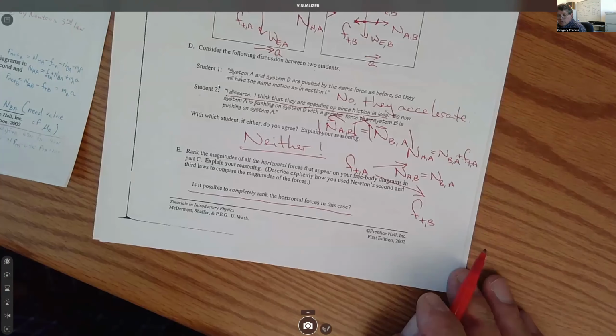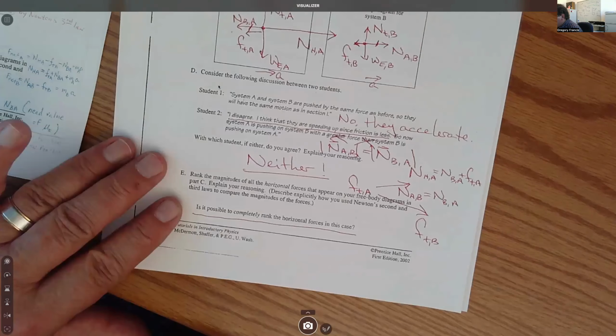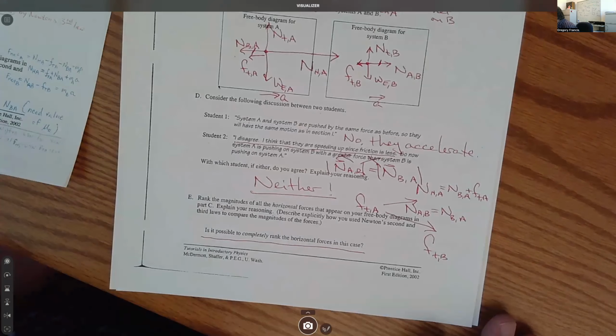And I don't know because I don't know how much I polished that table.